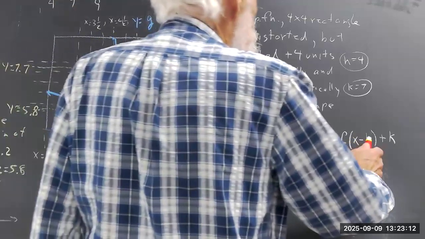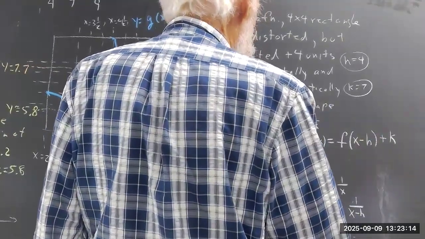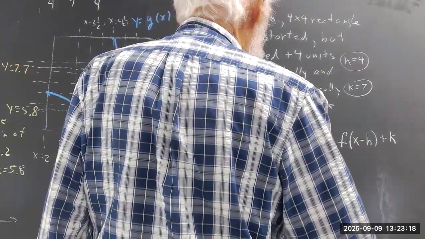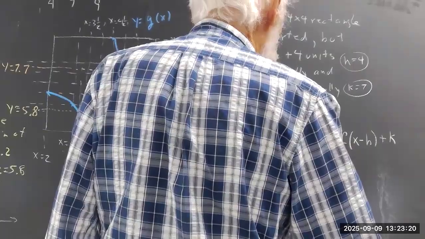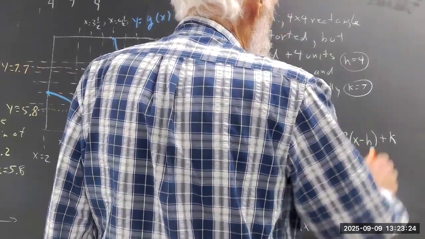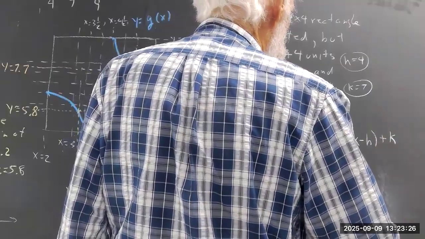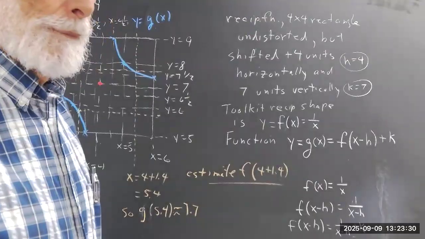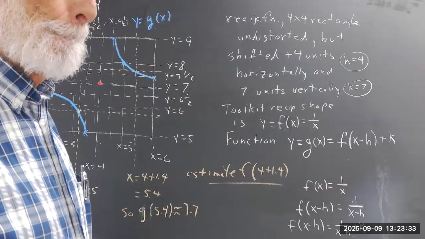Well, then what's f of x minus h plus k? Well, f of x minus h is 1 over x minus h. So whatever that is, you're adding k. So you just do plus k. Okay.